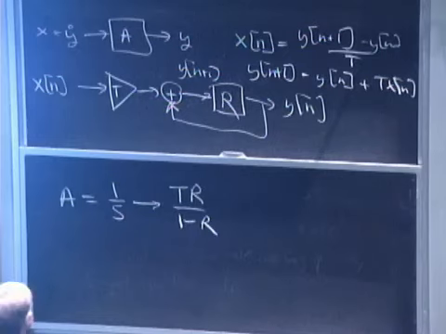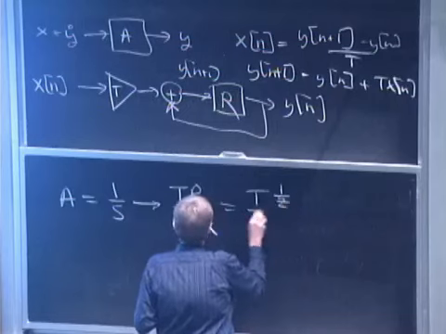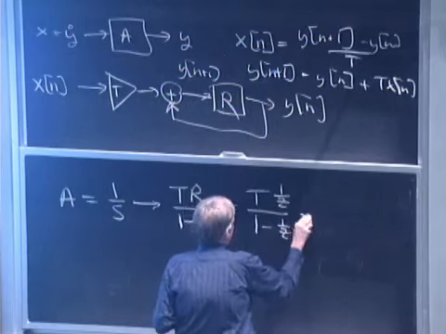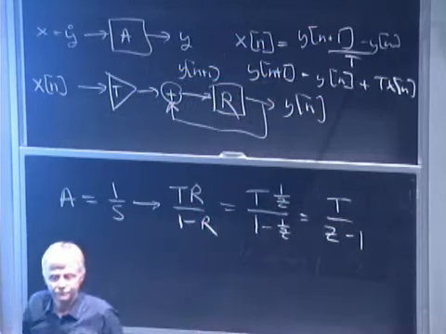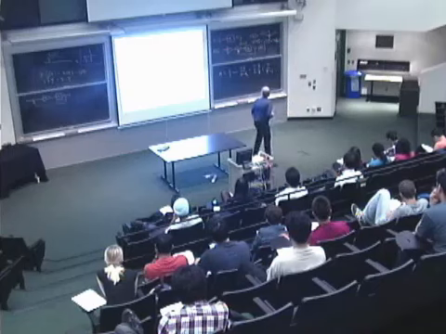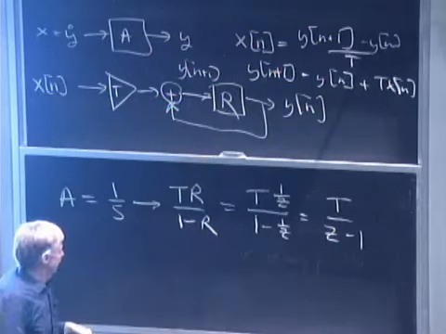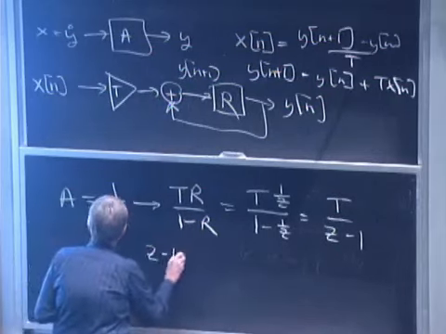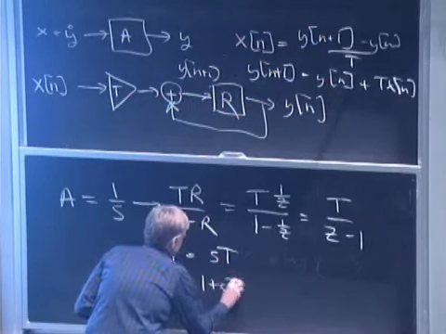But that's the same as 1 over z. But that's the same as T over z minus 1. Apparently, there's a relationship between s and z. In fact, z minus 1 is sT. z is 1 plus sT.